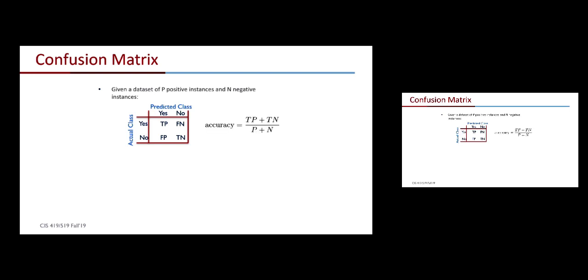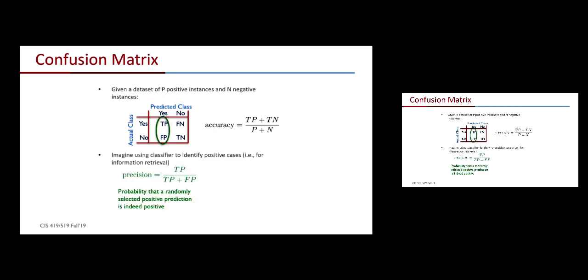So if you think about accuracy, with this notation here, the denominator is positive plus negative, everything. And in the numerator, I have the true positive plus the true negative, the diagonal. On the other hand, for precision, I have in the denominator true positive plus false positive, those that I predicted positive, and then I'm looking at what fraction of them is indeed correct, true positive over this.